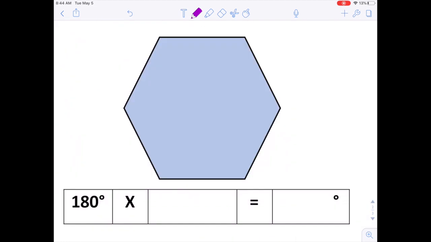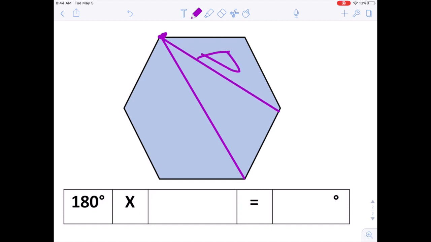Let's check now for a hexagon. A hexagon is 6 sides. We can choose to put our point of reference wherever. And I'm going to draw a line there again to another corner. I haven't made any triangles yet, so I have to keep drawing until I make triangles. And I see I made a triangle here, and I made a triangle here.